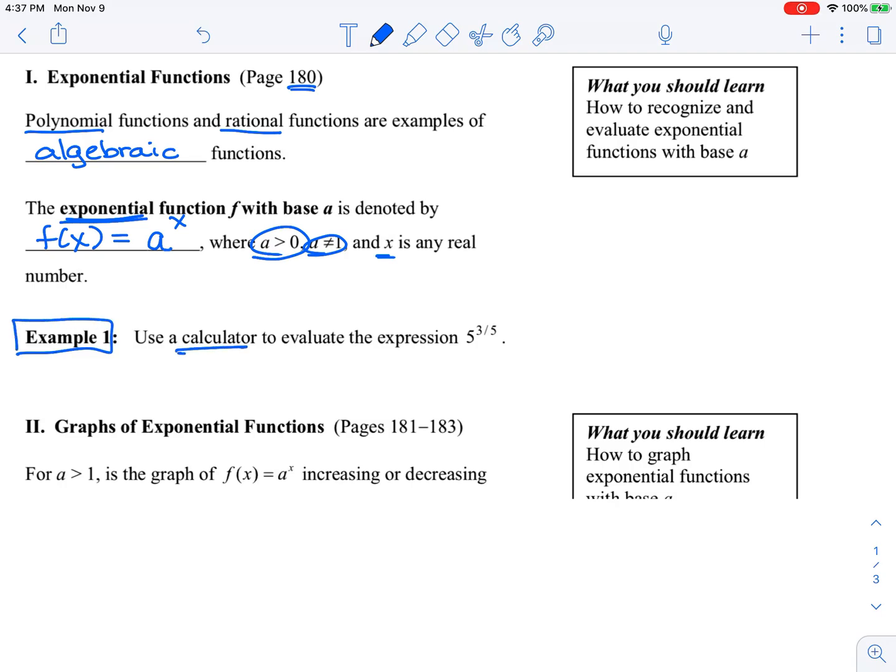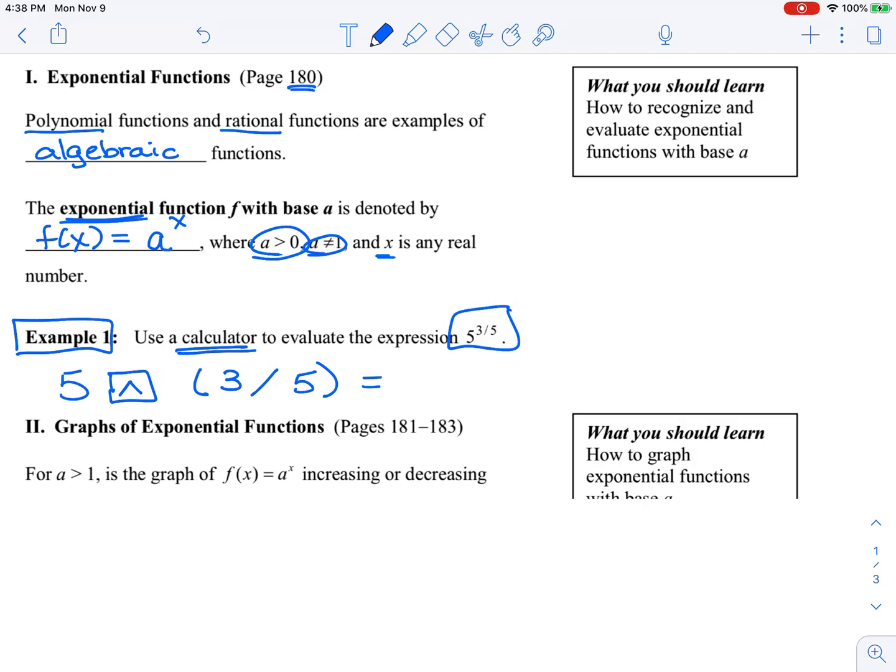So let's make sure that we know how to put this into a calculator. You could use your graphing calculator or your scientific calculator. If I was going to put in 5 to the 3/5 power, on your graphing calculator you hit the number 5, and then the caret button, which just means exponent. Then parentheses, 3 divided by 5, end parentheses.